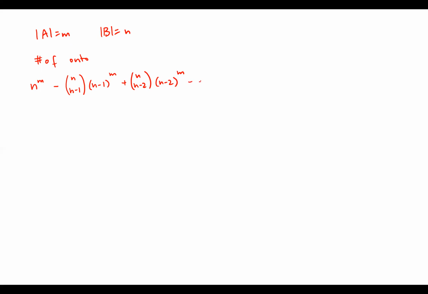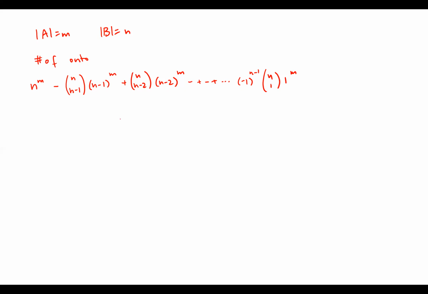And we do minus plus minus plus all the way down until we get to n choose 1, 1 to the m. This is our final term. So basically, until we've taken all the elements away from B, until we get down to 1 element. So we do plus minus plus minus.